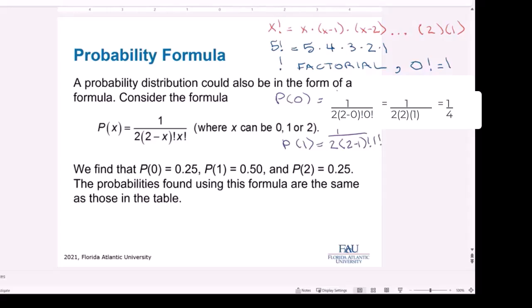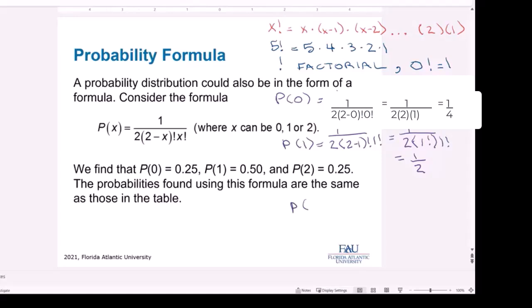The probability of 1 head would equal 1 over 2 times 2 minus 1 factorial times 1 factorial, which is equal to 1 over 2 times, and then 2 minus 1 is 1, 1 factorial times 1 factorial. This is equal to 1 over 2. There's my 1/4, 1/2.